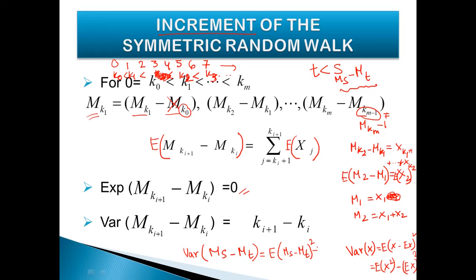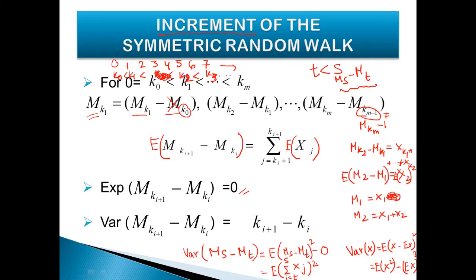The expectation of m_s minus m_t is 0, so it's only the expectation of (m_s minus m_t) whole square. So how do we find this? This means the expectation of the summation over j equals t until s of x_j square.